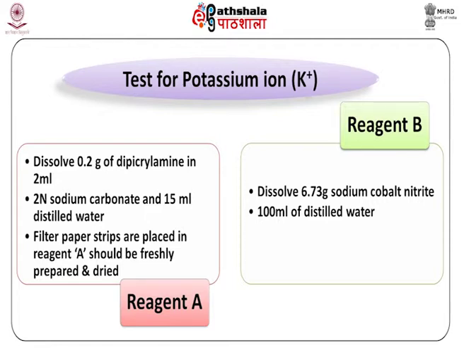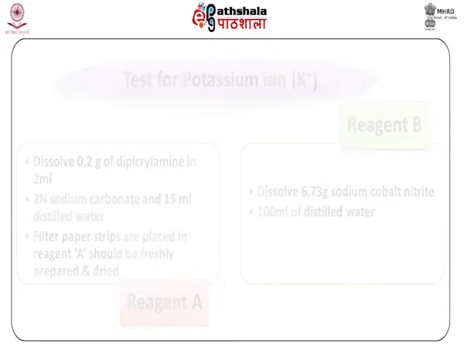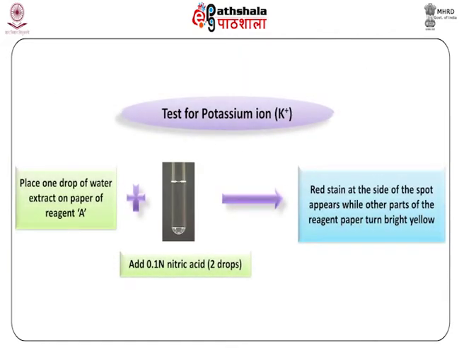Reagent B is prepared by dissolving 6.73 grams of sodium cobalt nitrite in 100 milliliters of distilled water. Place 1 drop of water extract on paper of reagent A and then add 2 drops of 0.1 normal nitric acid.